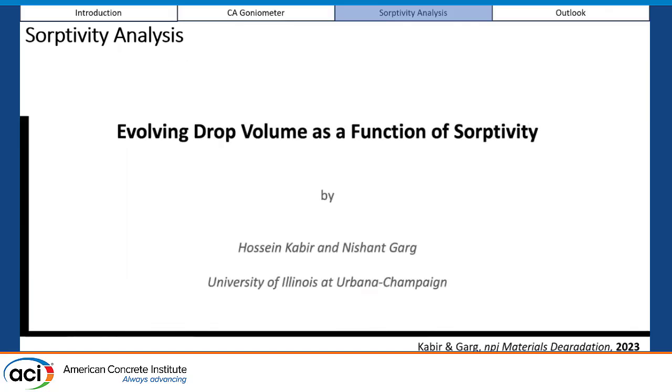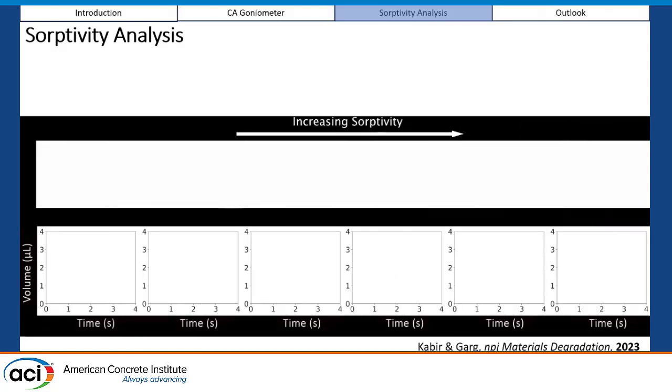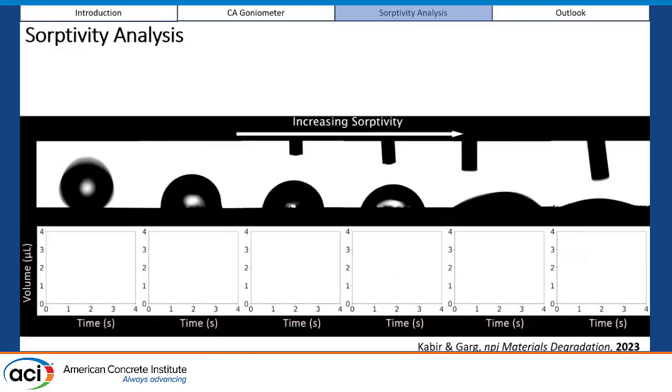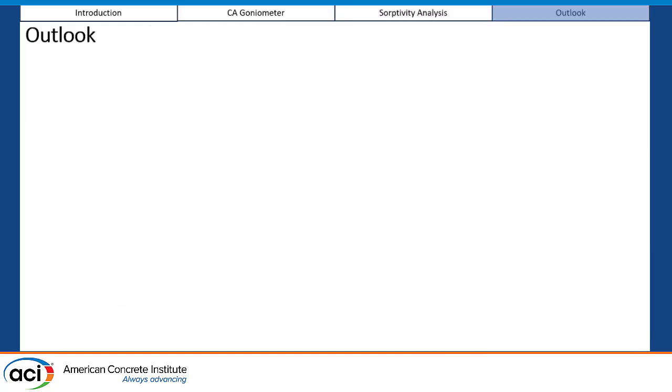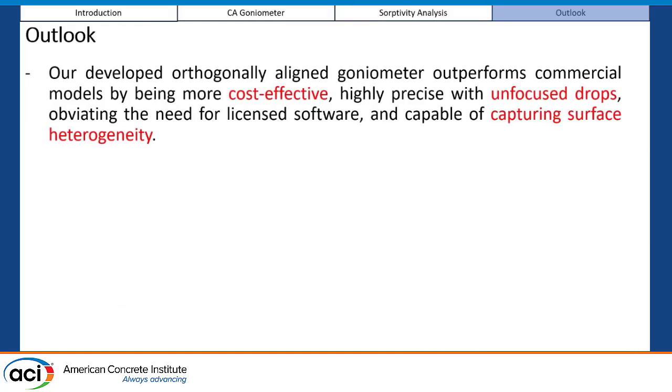And this is another schematic that shows how a droplet behaves on the surface. So now there is no need to use any expensive goniometers; we can use our own technique. And it doesn't matter if you use CNN, ANN, or random forest.